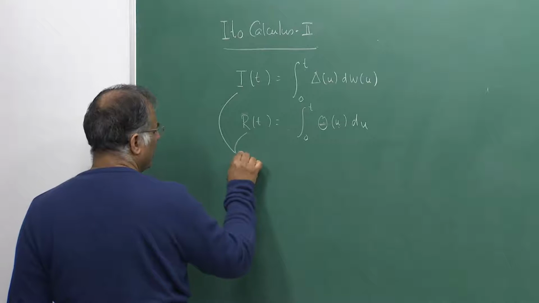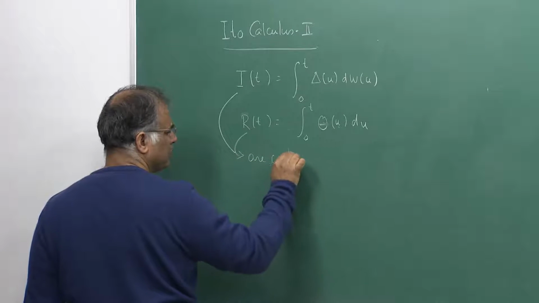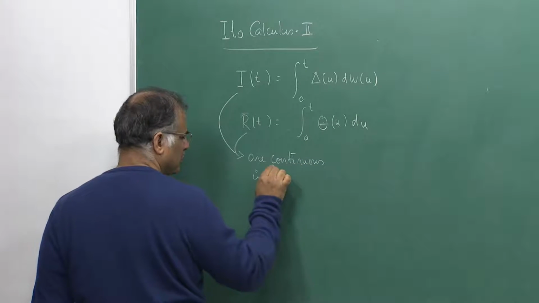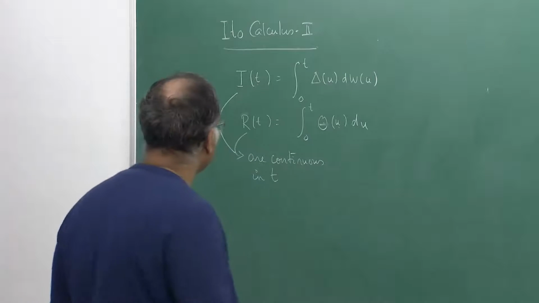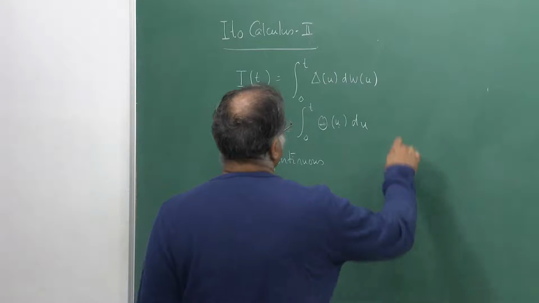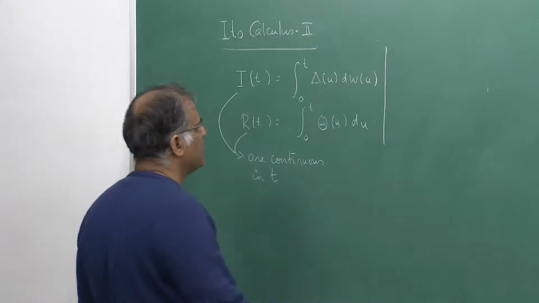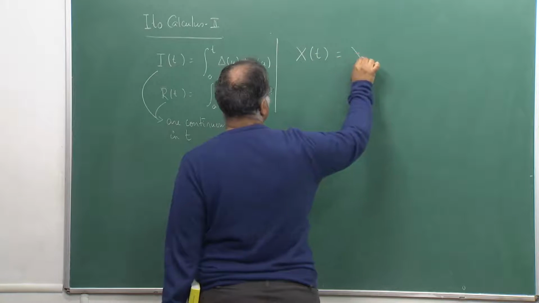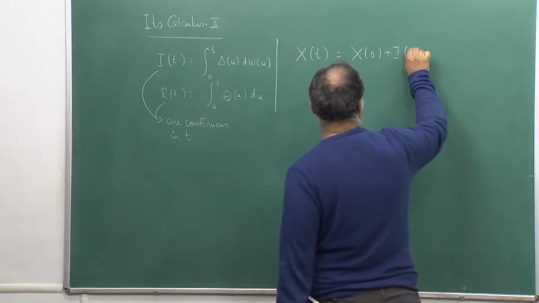So, these both are continuous, and then you can write the Ito process xt as x0 plus IT plus RT.